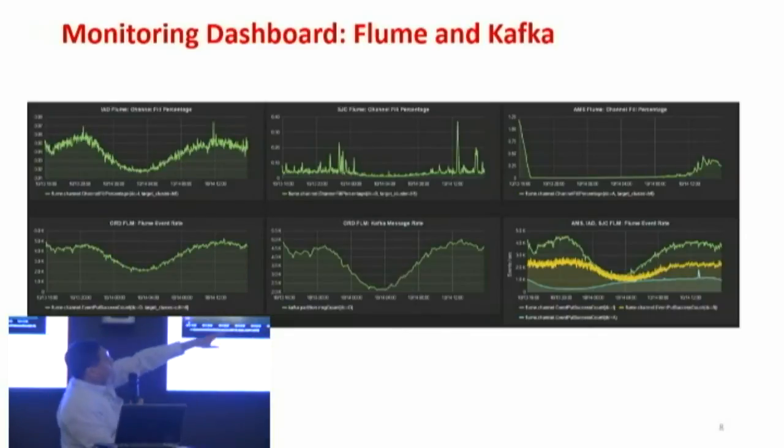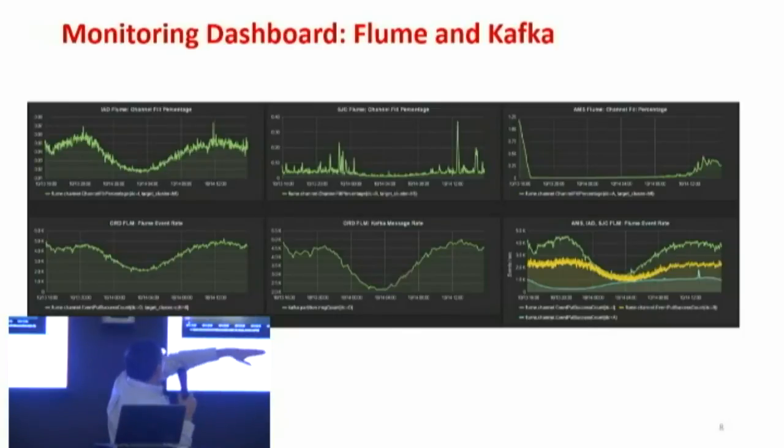But it's not something alarming, so it's okay. And here we have the event rates. We have 5,000 events coming into our Chicago data center, those going into Kafka, and that's the Flume event rate by data center.